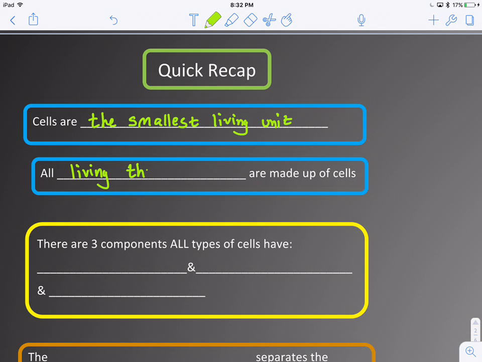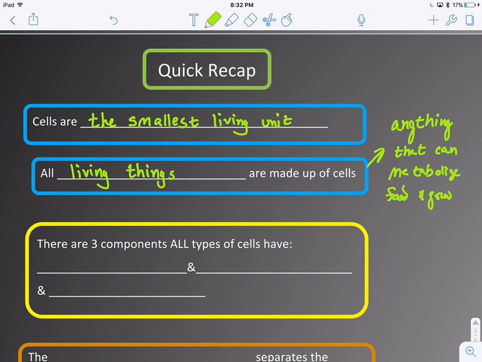And we talked about how that's animals, that's plants, that's bacteria, right? Anything that can metabolize food and grow, right? That's what we kind of defined as what a living thing is.